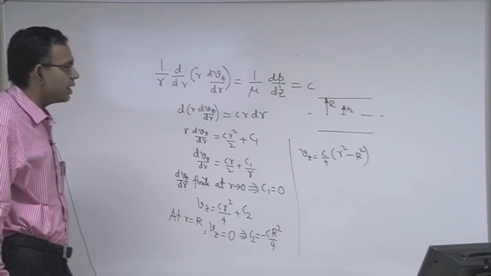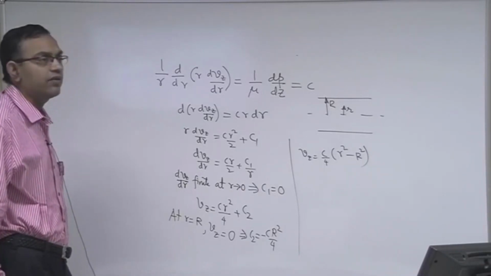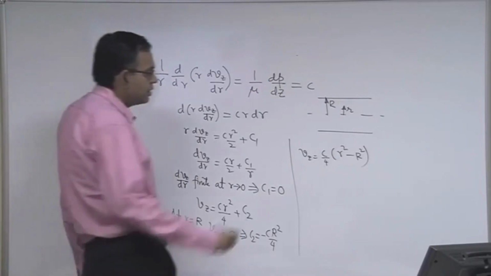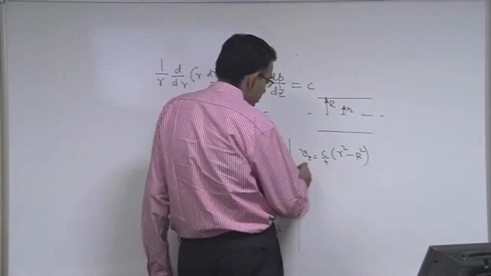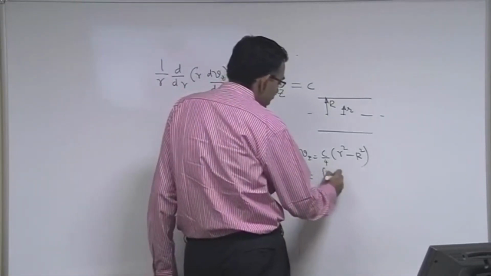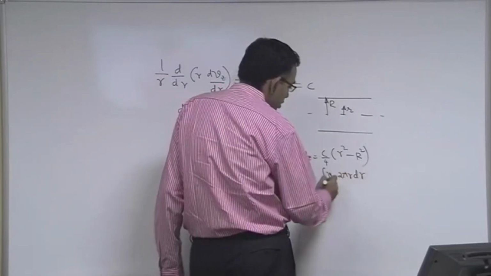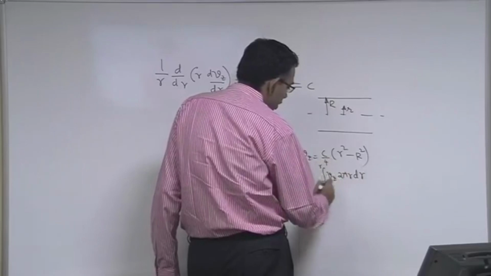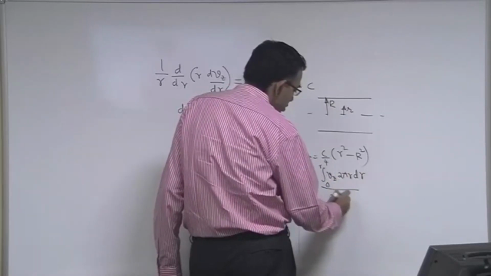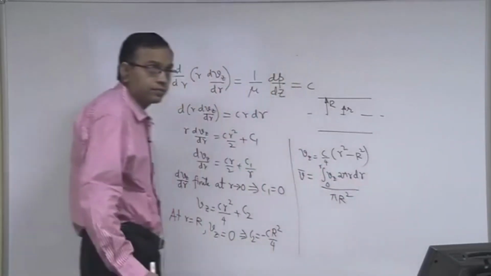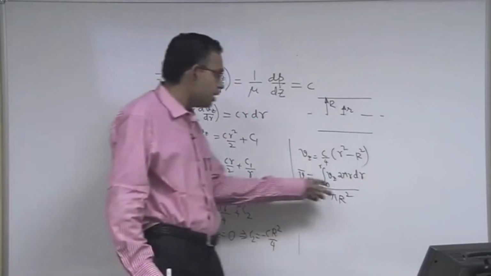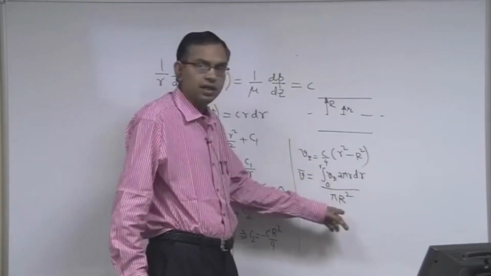So, we can now express Vz in terms of V average. So, what is V average? Integral Vz into 2 pi r dr, 0 to R, divided by pi R², that is, integral Vz dA by the area.